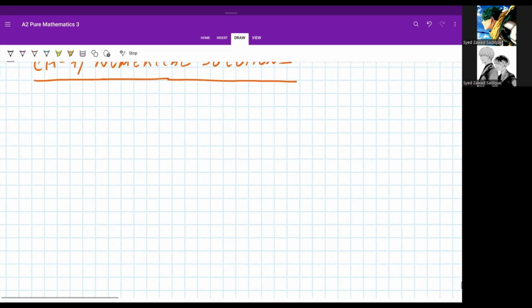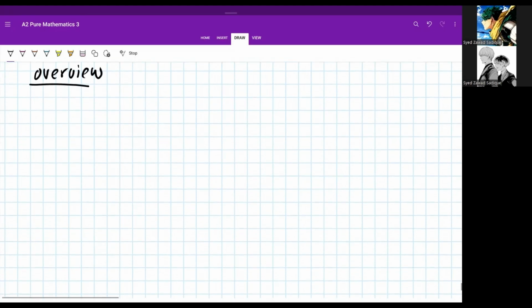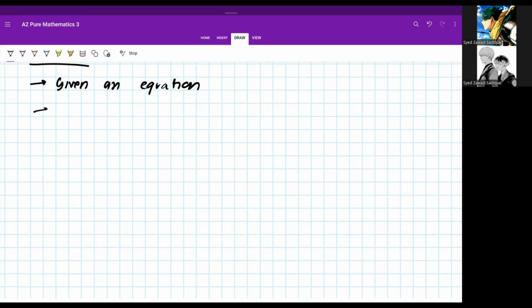The overview is you'll be given an equation. You have to distinguish two functions.